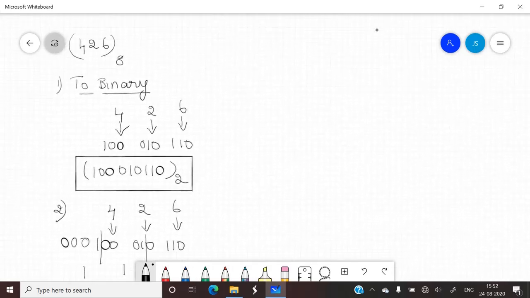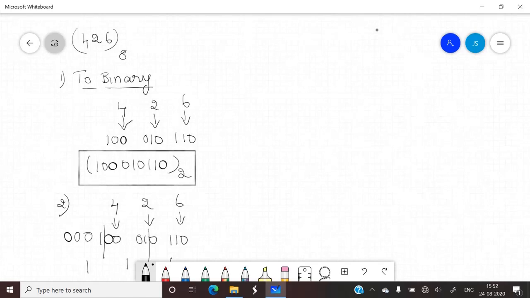The other form to be converted is decimal.